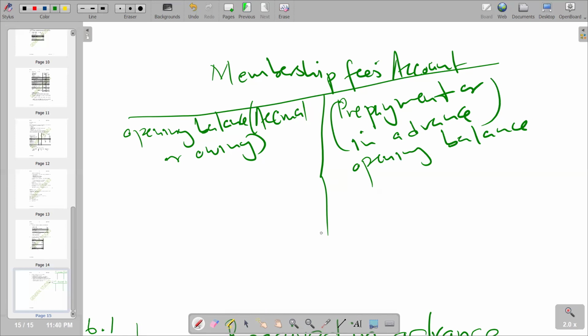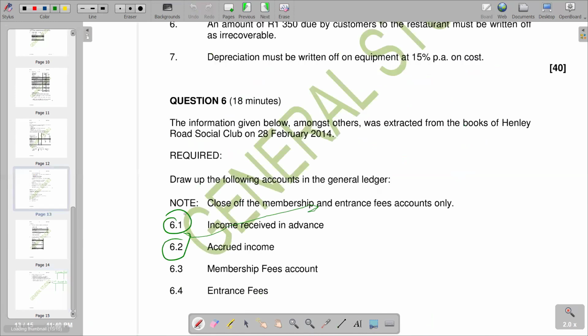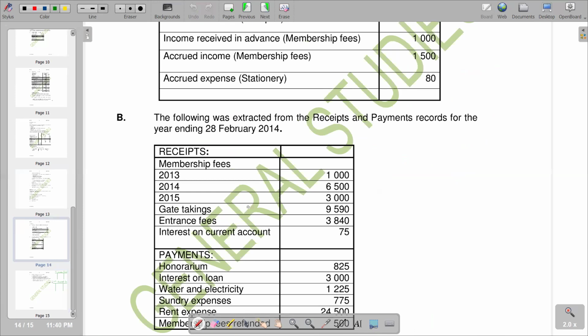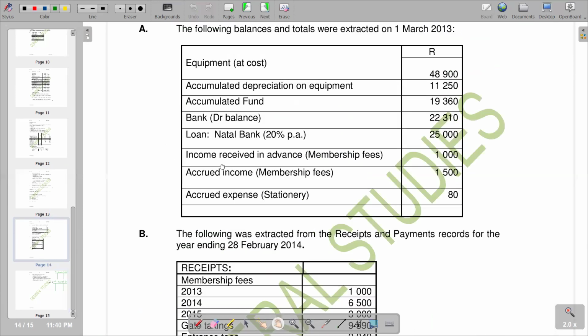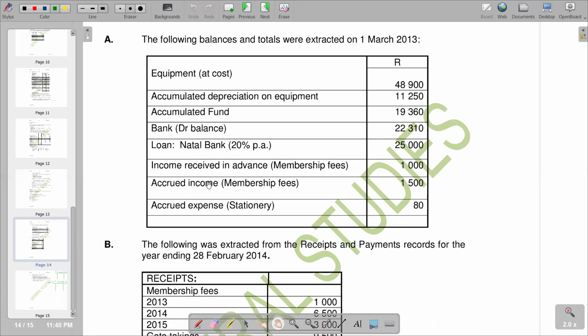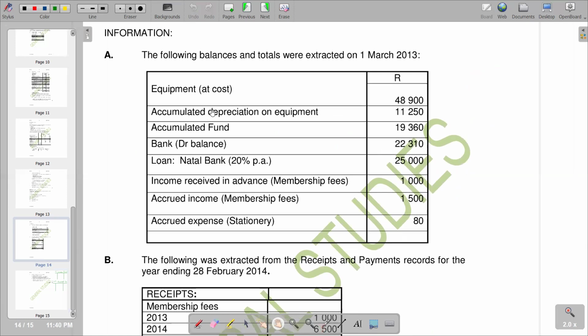So in advance is our first account, 6.1. We are going to have the balance on the credit side. So we're going to check all the information that we are given at the beginning of the question. You come here and you'll see the following totals were extracted on 1 March 2013, which is at the beginning of the year.